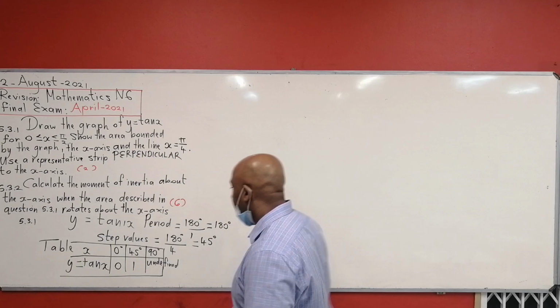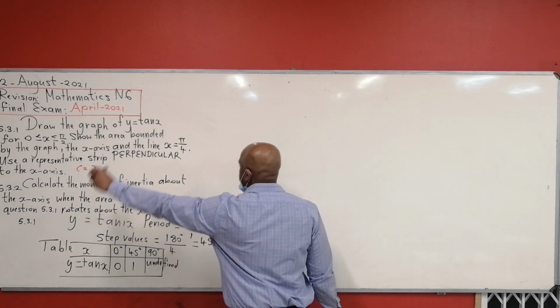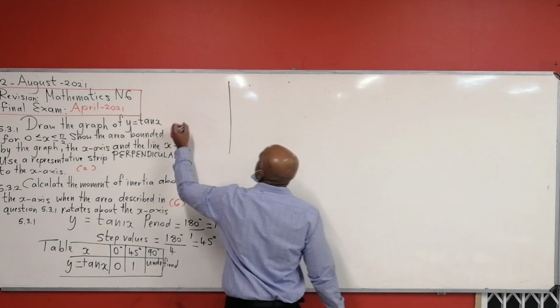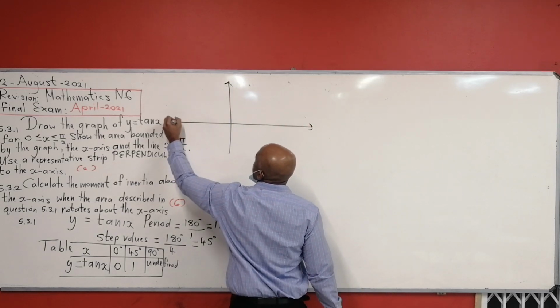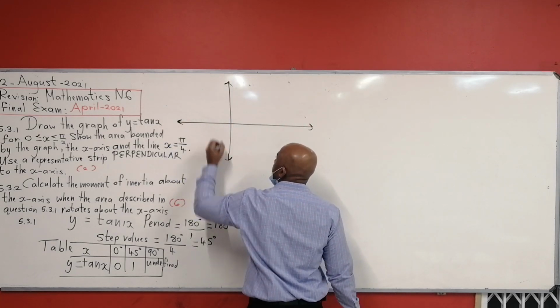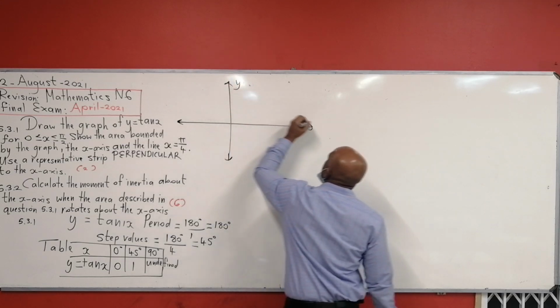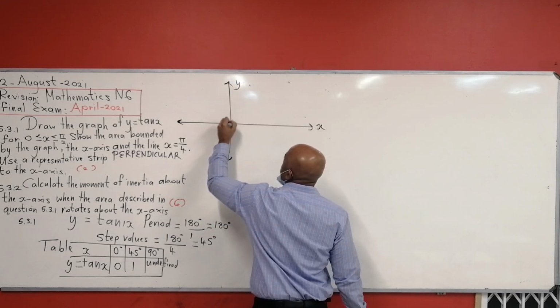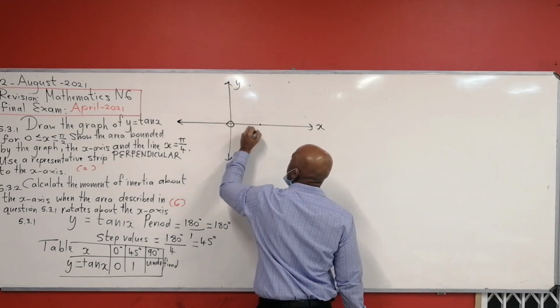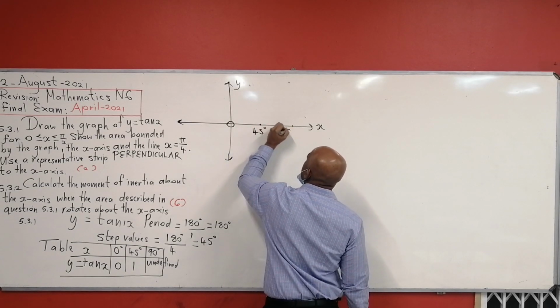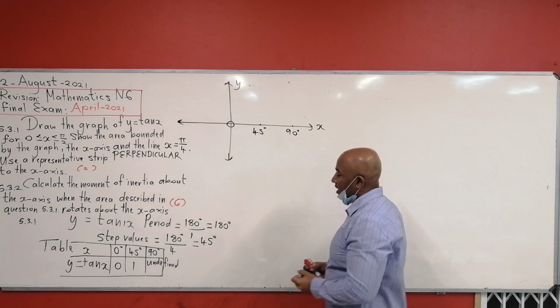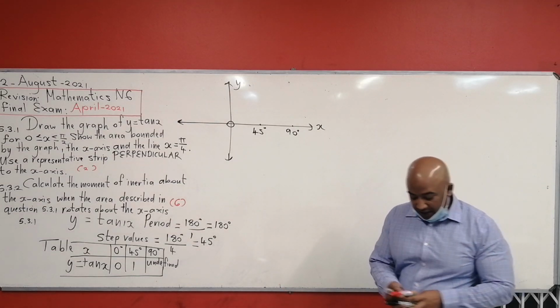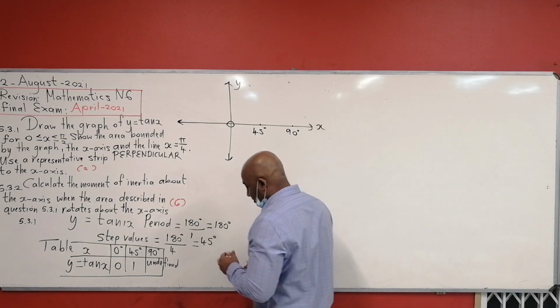Now, let's have a look at the shape. So I've got 0, 45, 90 degrees. It's undefined, so you have an asymptote at 90 degrees.